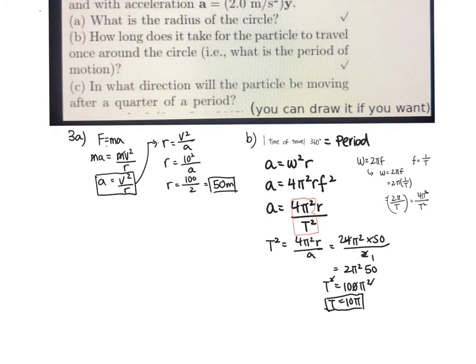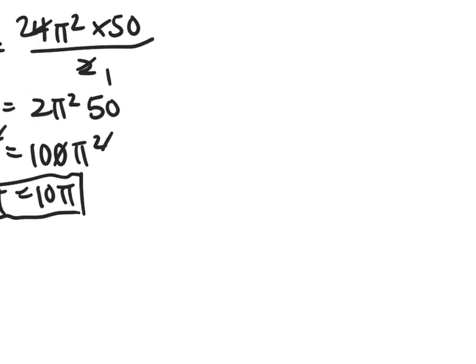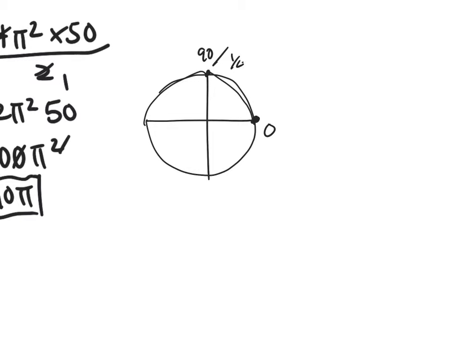The next question asks us, in what direction would the particle be moving after a quarter of a period? So a quarter. So this is a circle here. Not a very good circle, but this is 0. This is 90 degrees, or your one quarter. This is your one half, 180, right?